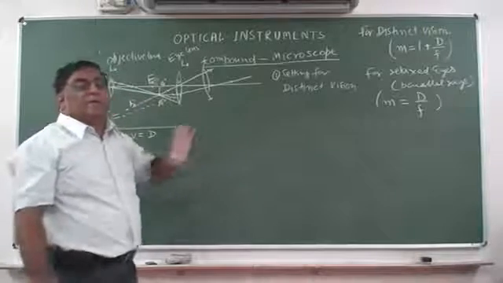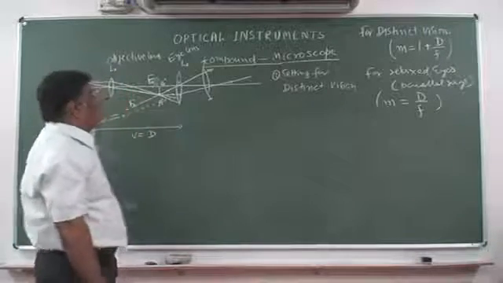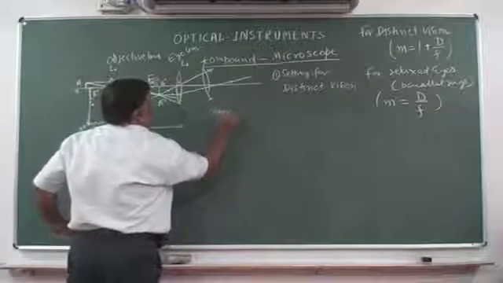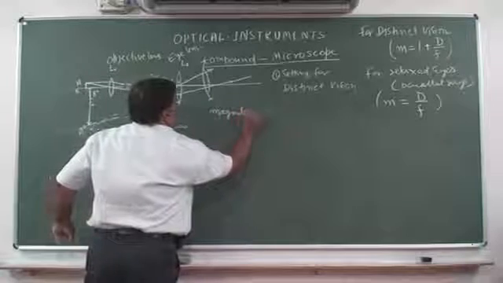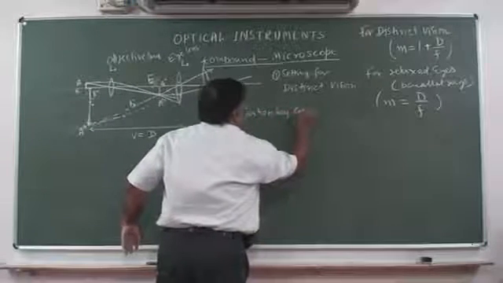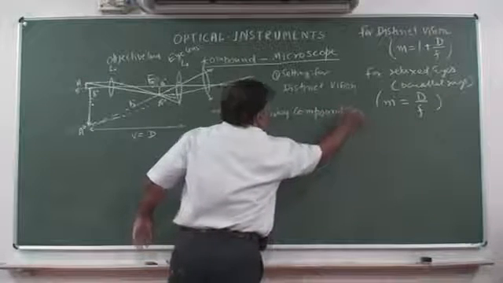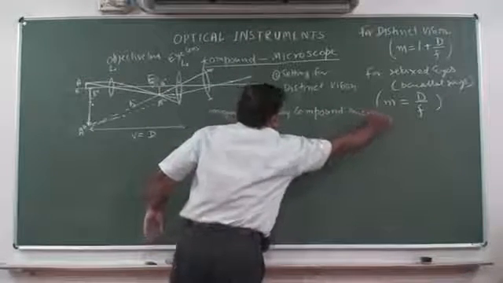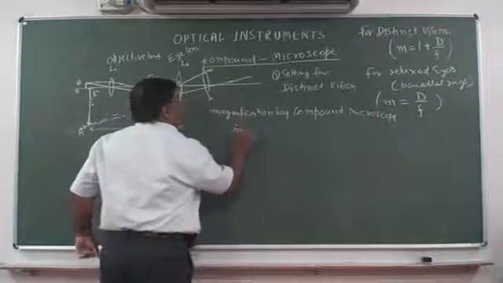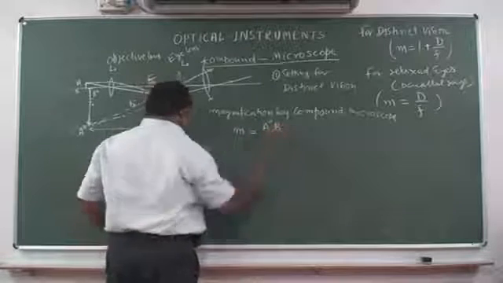Now, the calculation. How much is the magnification? Very simply, magnification by compound microscope. This is an important part. Compound microscope M is equal to A double dash B double dash.